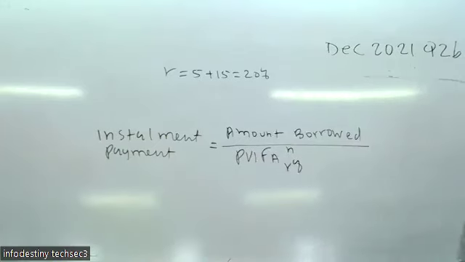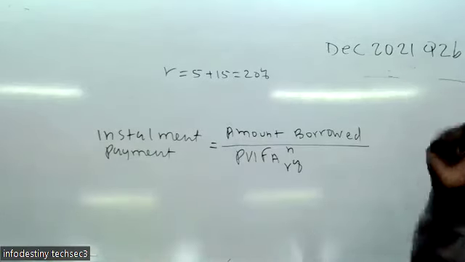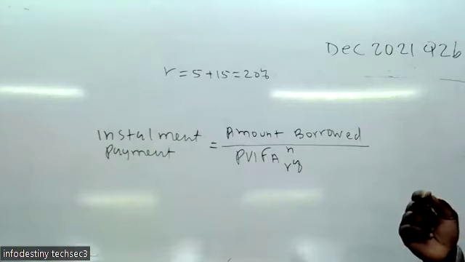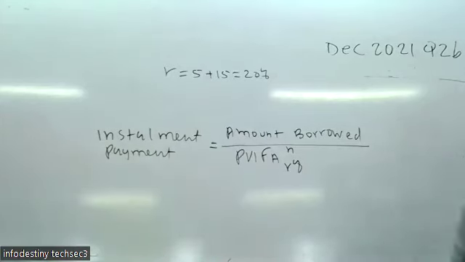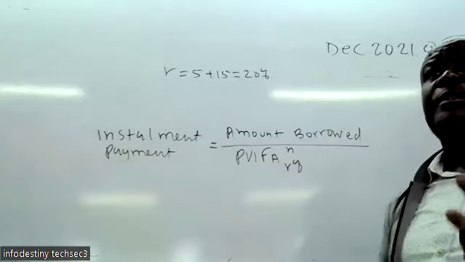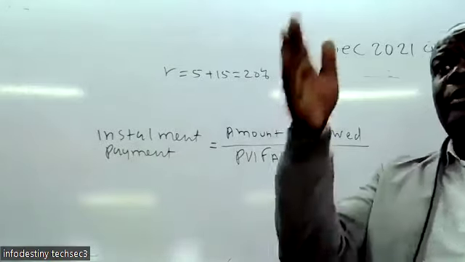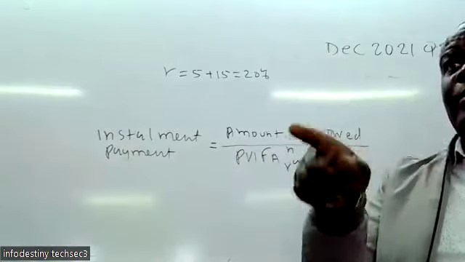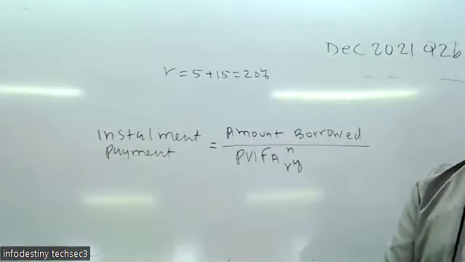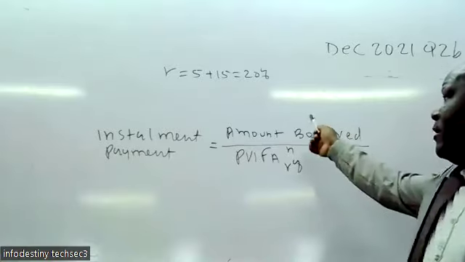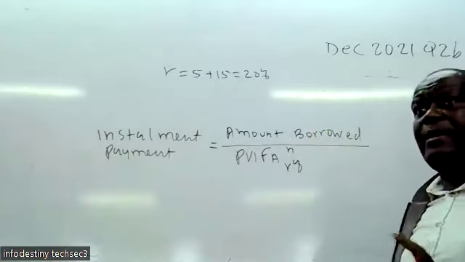So if you want to borrow money and you want to know how much to pay as installment for each year, you take the amount borrowed, then you have the interest rate, then the period of the loan. You go to that table, look at what percent the interest rate is, then check under the period of the loan. Get that figure from the table, then divide the amount by that figure.